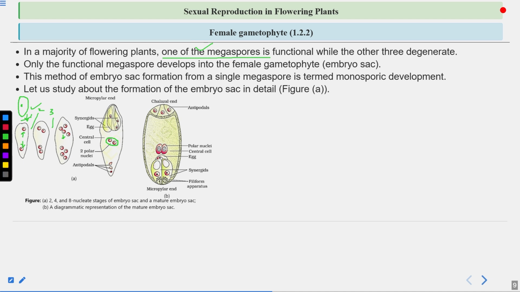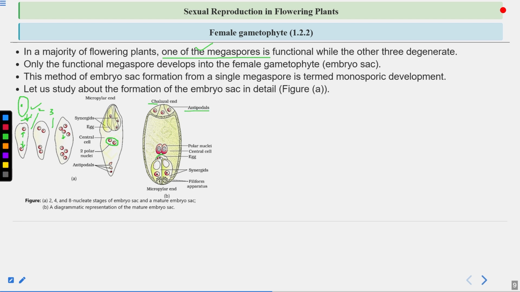After that, the remaining three nuclei at the micropylar end form one egg cell and two synergid cells. At the chalazal end, three nuclei are there and a wall is laid surrounding some cytoplasm, and they form three antipodals.